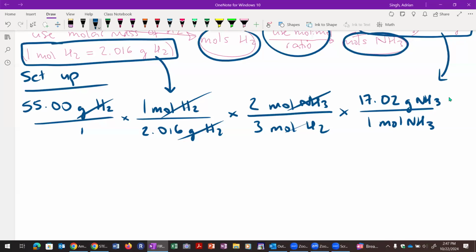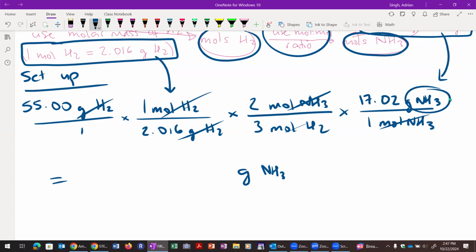All right, so the moles of NH3 go away. And then the only unit we're left with now is the grams of NH3, which is what we wanted. So in terms of units, it makes sense. That tells us our setup is fantastic. It's great because we only have the 1 unit left.